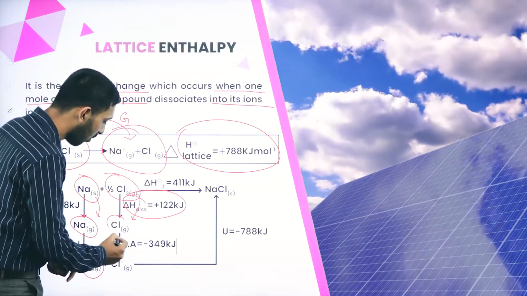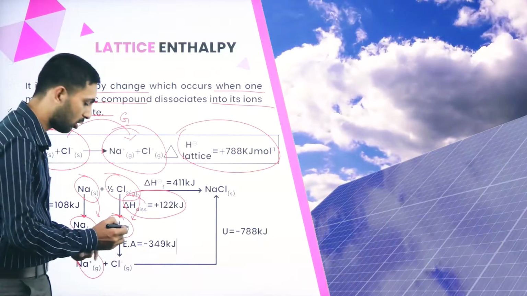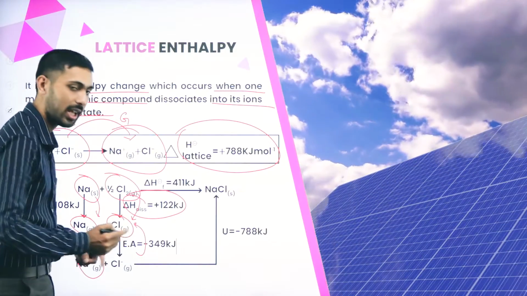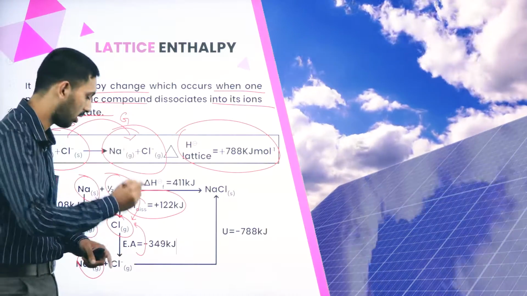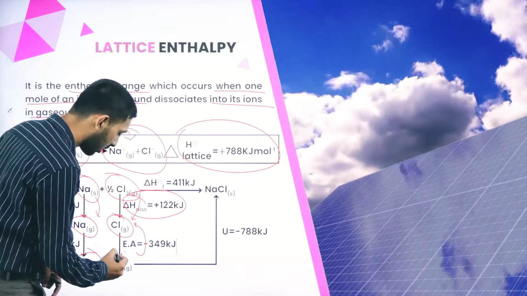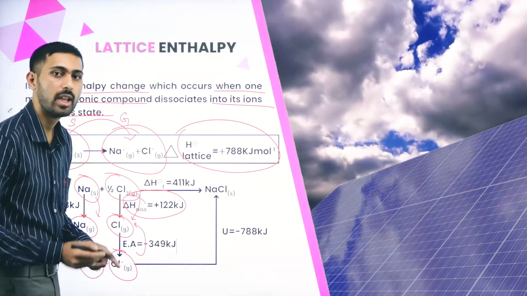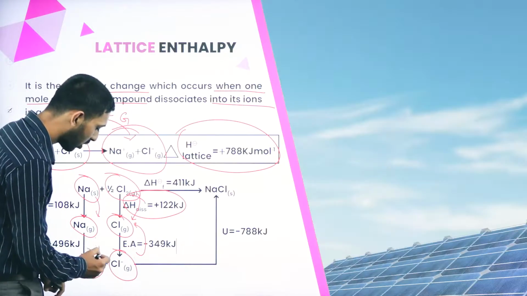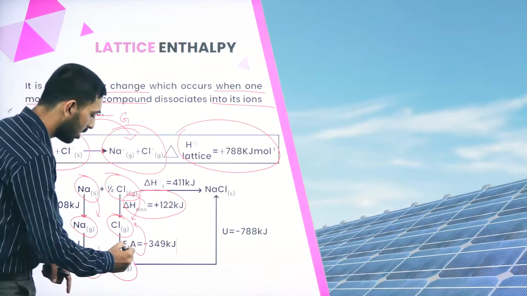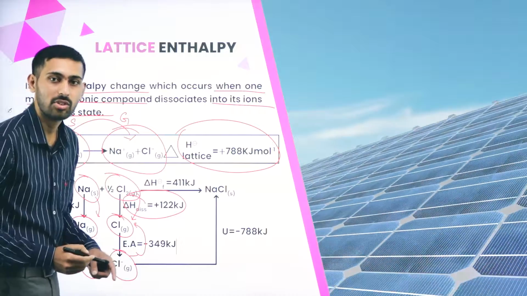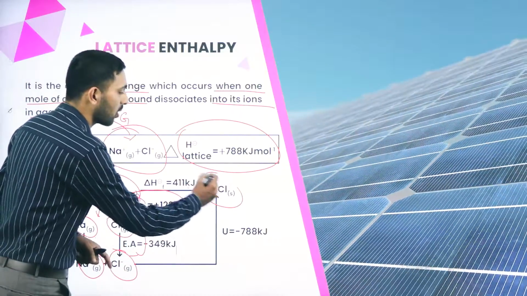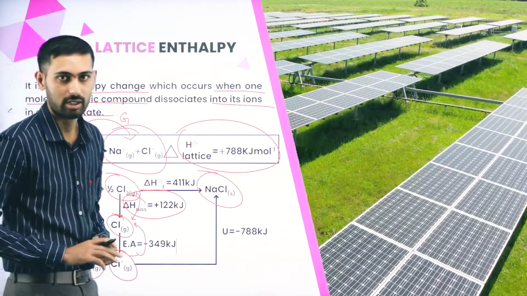After that, you need to supply 1 electron to the chlorine atom. It will be converted into chloride ion in the gaseous state. Now let us combine sodium ion in the gaseous state and chloride ion in the gaseous state. You will get sodium chloride, which is in the solid state.